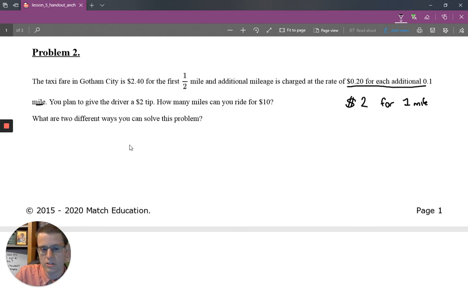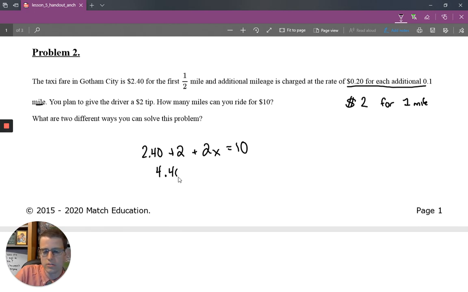We know it's going to be $2.40 for that first half mile. We're going to give a $2 tip. And then beyond that, we know we can go $2 for each mile after that first half. And we know we have $10. So there's our equation.